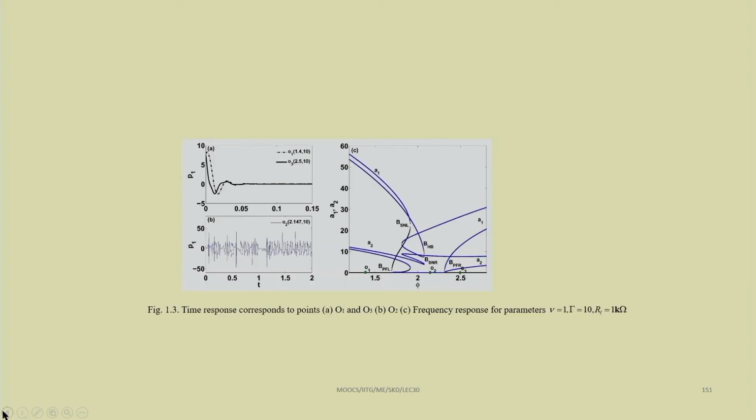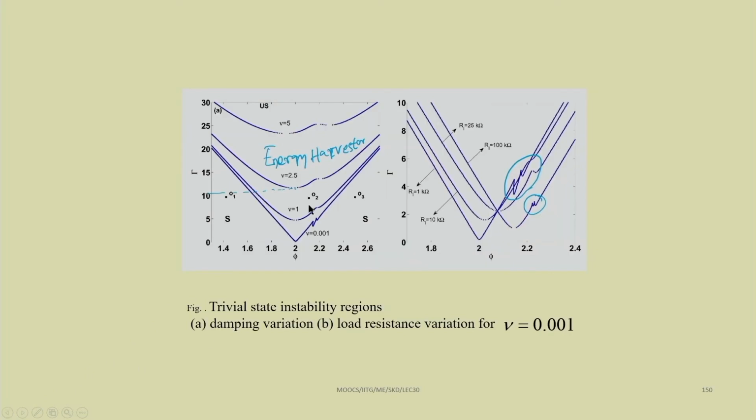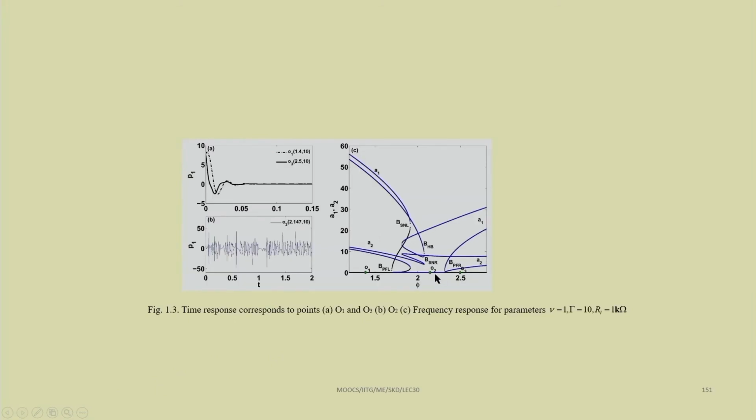For example, in this particular case O2, if we take phi 2 nearly equal to 2.2, we can find the response amplitude. The response amplitude is shown to be around 20 to 22, and it will go on increasing depending on the other system parameters.